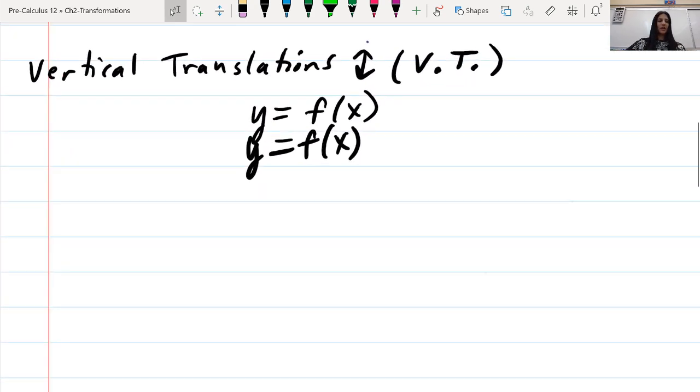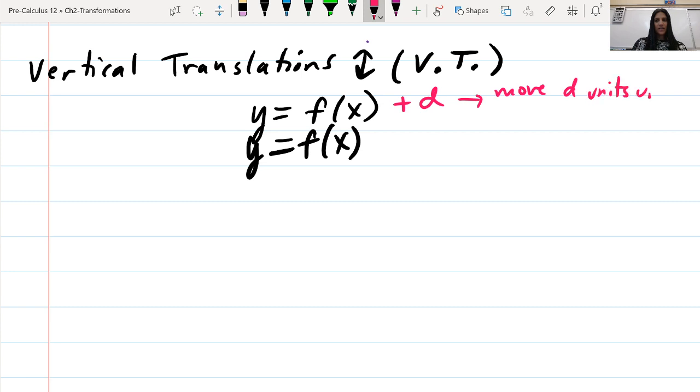We can do the same thing also with vertical translation. So if we have something like y equals f of x, and we do plus d, this is going to move d units up. If I were to do minus d, this is going to move d units down.